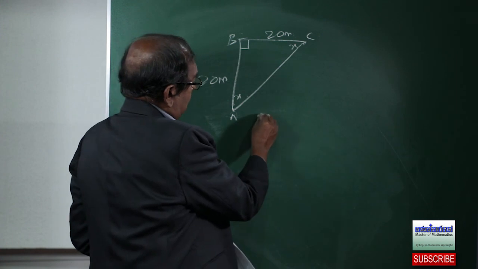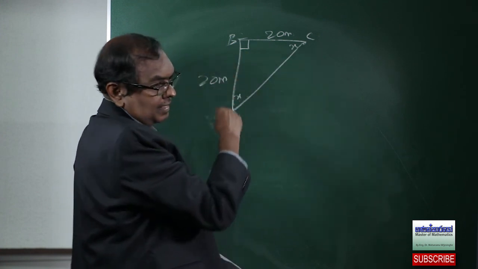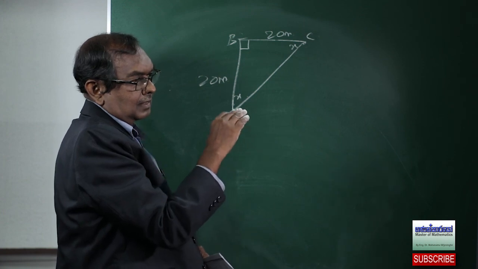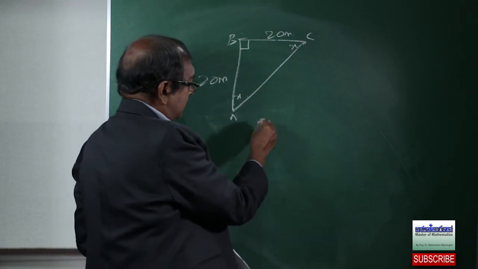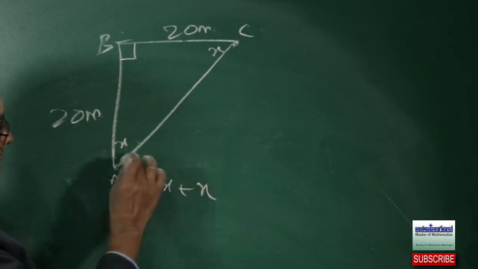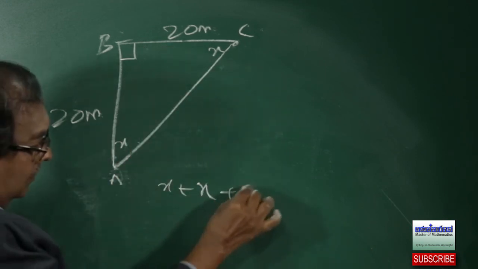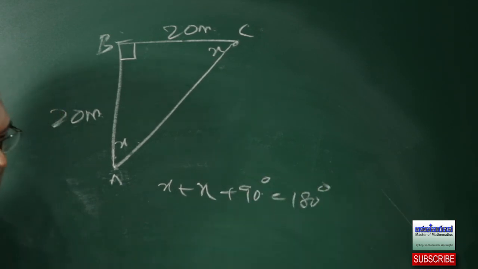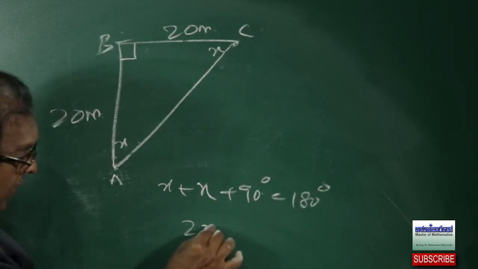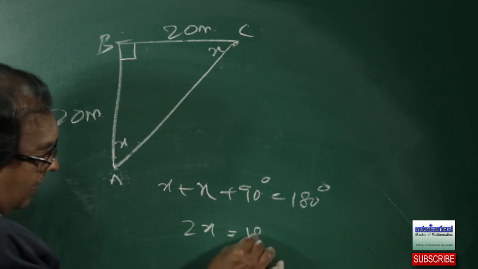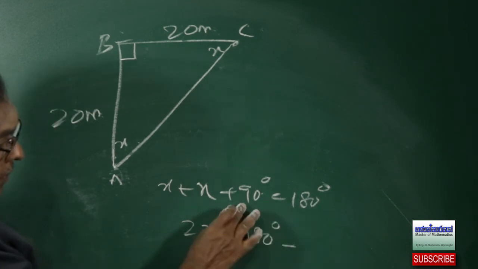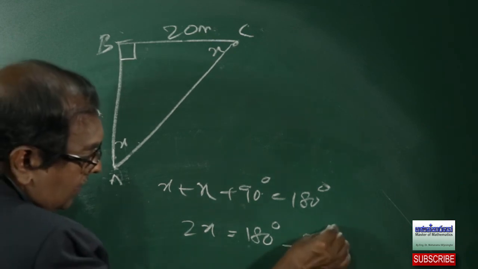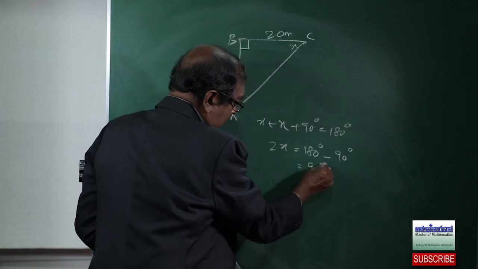Then, if we consider the triangle, the total of the angles is 180 degrees, so x plus x plus 90 equals 180 degrees. 2x equals 180 minus 90, to get it to the other side it should be minus 90. This is 90, 2x.